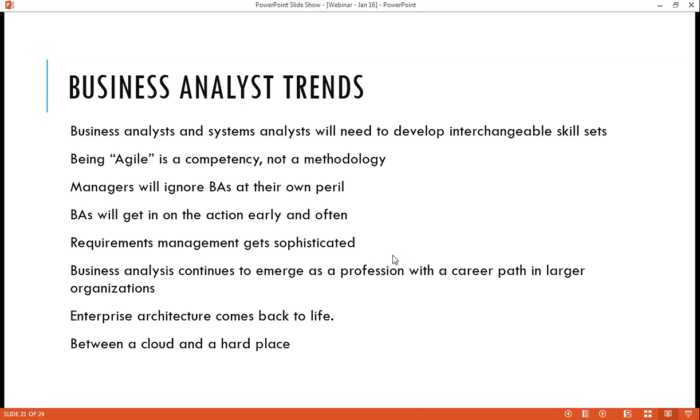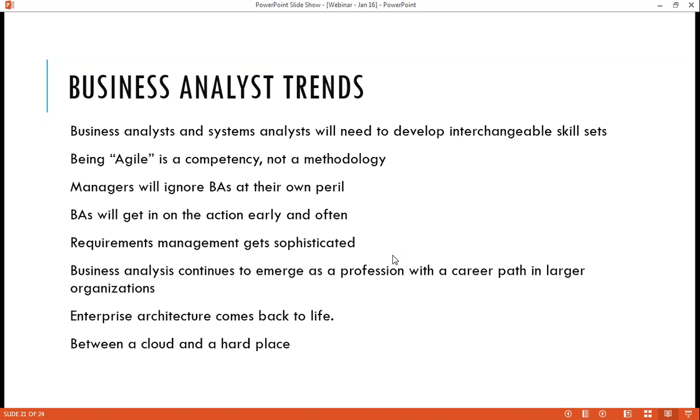It could be business analyst or system analyst. A business analyst will typically mean that you are not much on the technical side but more on the functional side. A system analyst will mean that you are more on the technical side but less on the functional side. But currently, the trend we are seeing is that both BAs and SAs are required to have interchangeable skills. As a BA, it is always good to become a little technical.